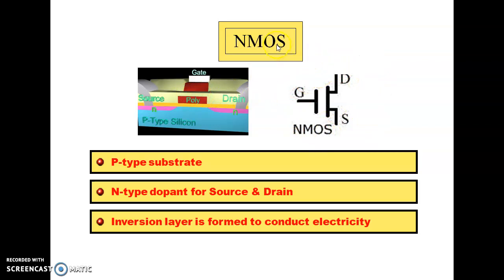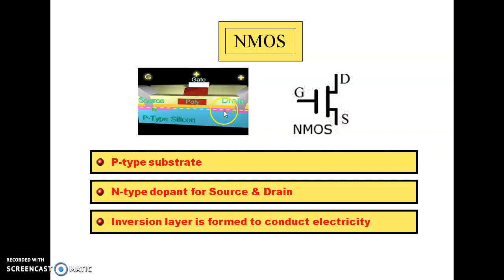In the NMOS, source and drain are of N plus material, so we should take the opposite substrate. A P type substrate is to be taken, on which the gate made of polysilicon, and beneath that a thin oxide layer is to be formed, and N plus diffusion is to be done for forming the source and drain.